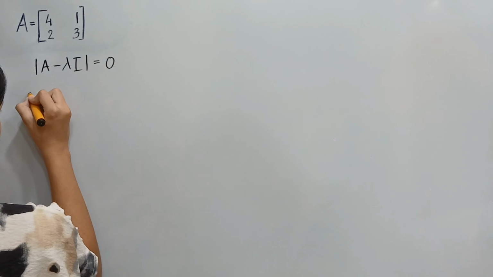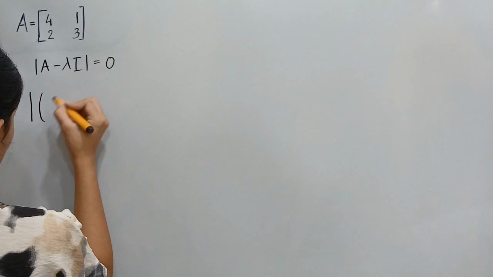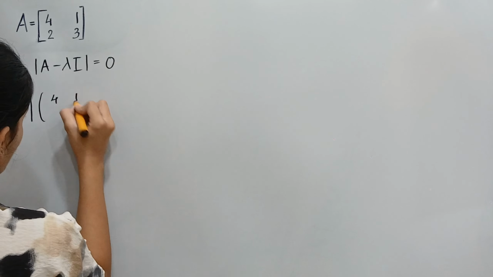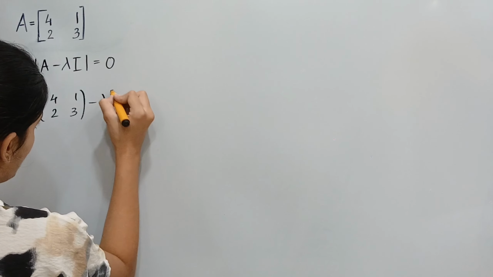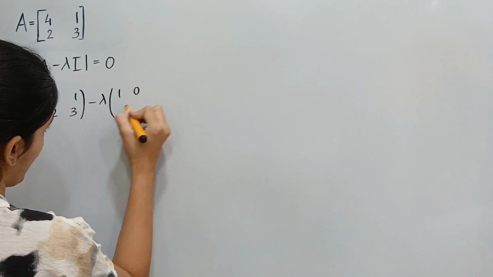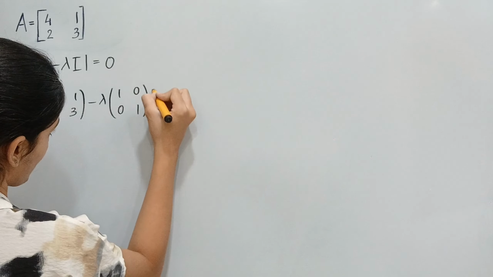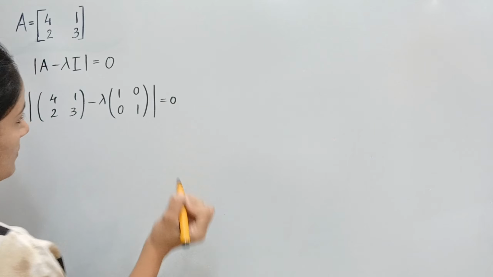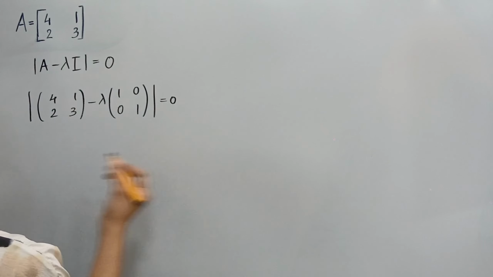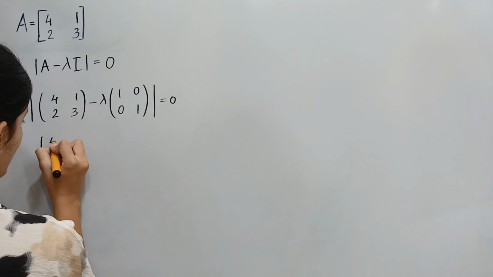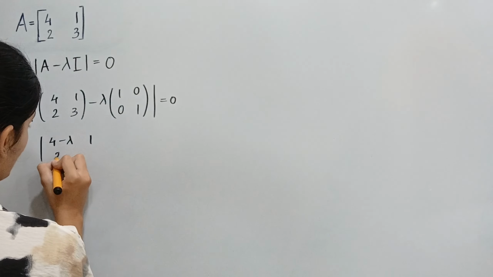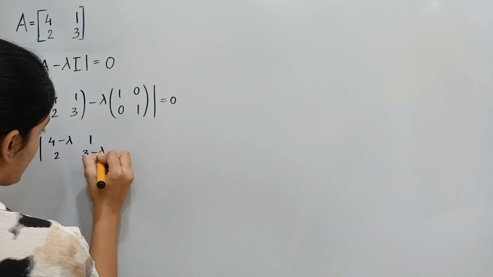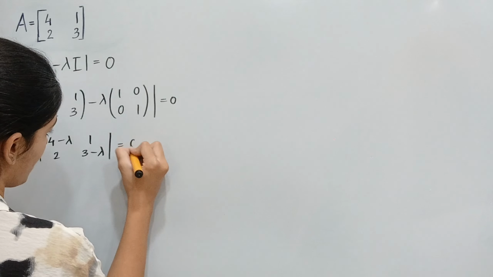So it will become 4, 1, 2, 3 minus lambda times the identity matrix equal to 0. Okay, so 4 minus lambda, 1, 2, 3 minus lambda equal to 0.